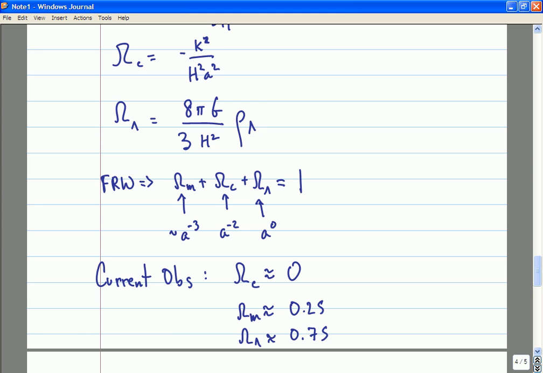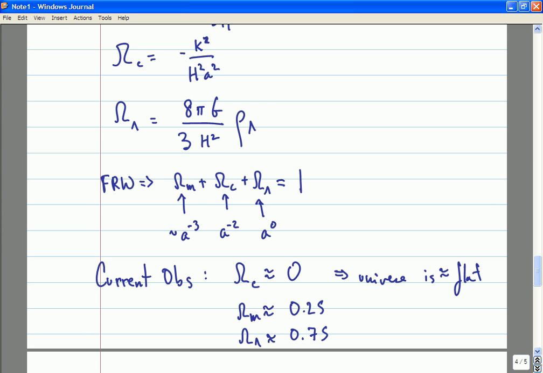So, there are two very surprising things about this answer. The first very surprising thing is that one of these parameters happens to be 0. Omega curvature is approximately 0, so that the universe is roughly flat. The other surprising thing about this equation is that two of them are actually roughly the same size.